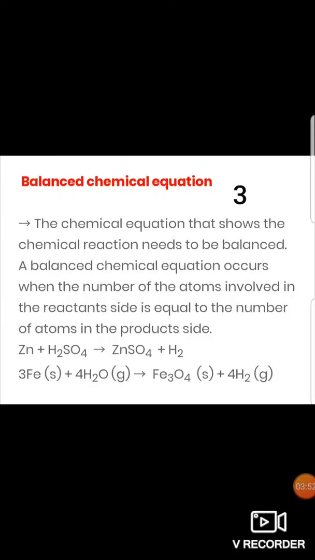After the reaction, you can see in the product, iron has 3 atoms, oxygen has 4 atoms as on the left, and hydrogen has 8 atoms, 4 twos are 8, in gaseous form. So this way the balanced chemical equation can be formed.